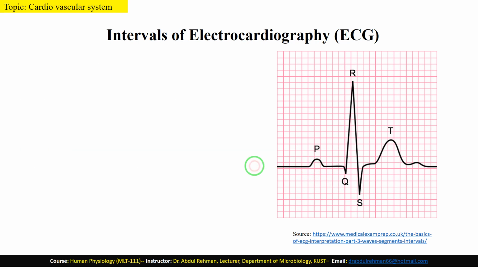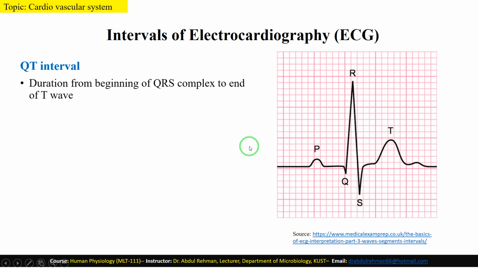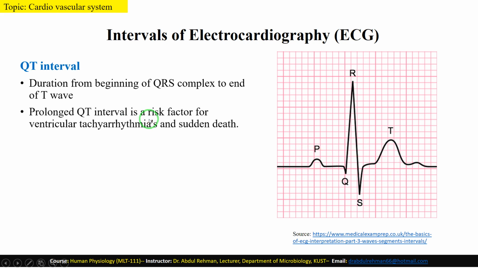The second interval among the ECG peaks is the QT interval. It is the duration from the beginning of the QRS complex to the end of the T wave. And a prolonged QT interval is a risk factor for ventricular tachyarrhythmias and it can lead to sudden death.